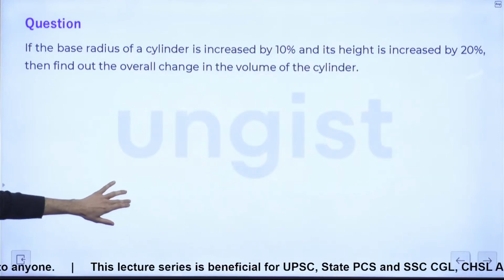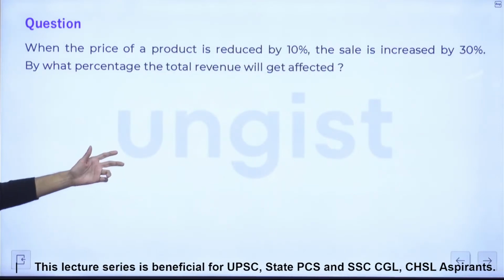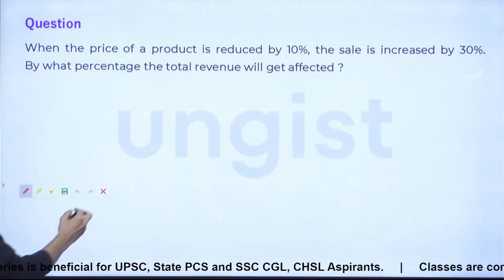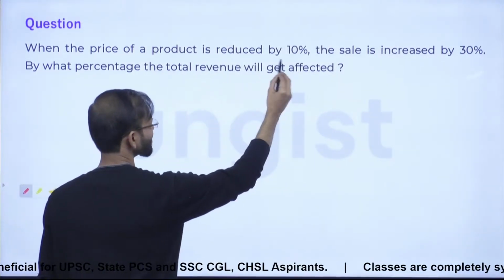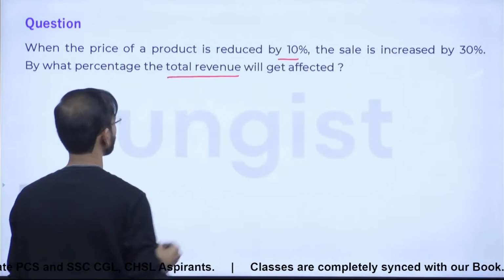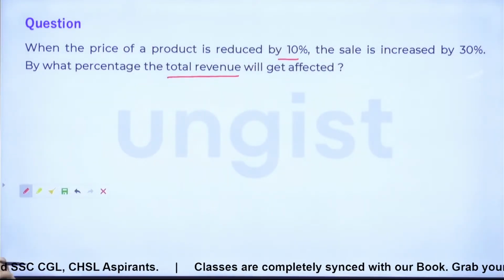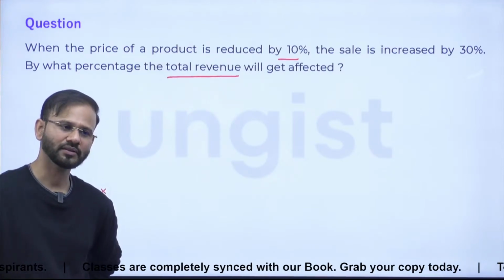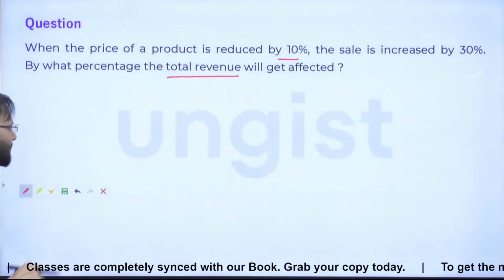Now we have some questions where you just have to think logically. Guys, the question is saying, when the price of a product is reduced by 10%, the sale goes up by 30%. By what percentage is the revenue affected? Revenue is what, guys? Just think about it.